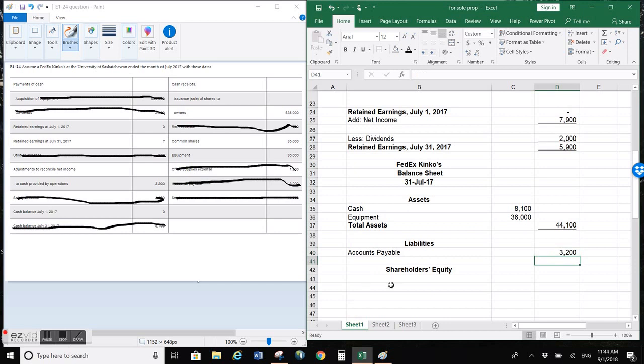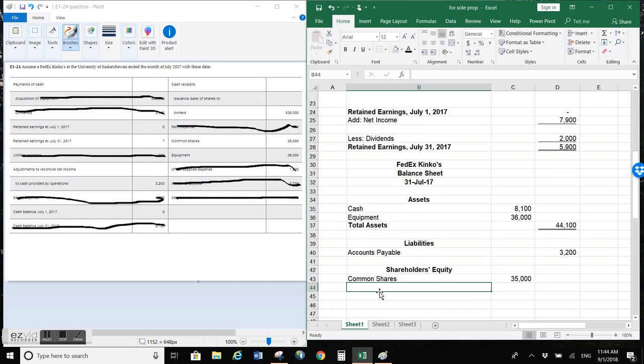Finally, there are two components to equity. One is common shares. That's the amount that shareholders have actually invested into the company. So they've invested either $35,000 or $35,000 worth of other assets like equipment.